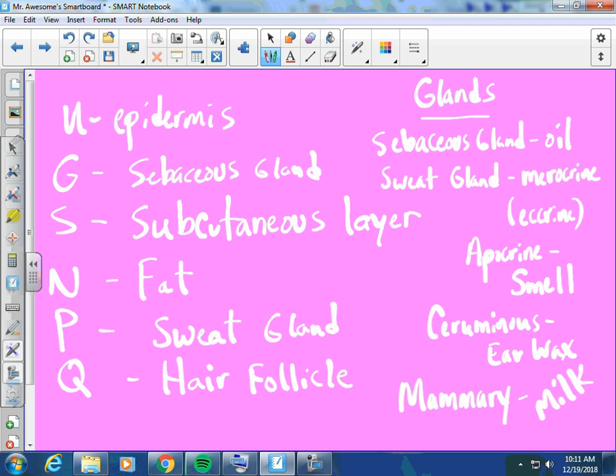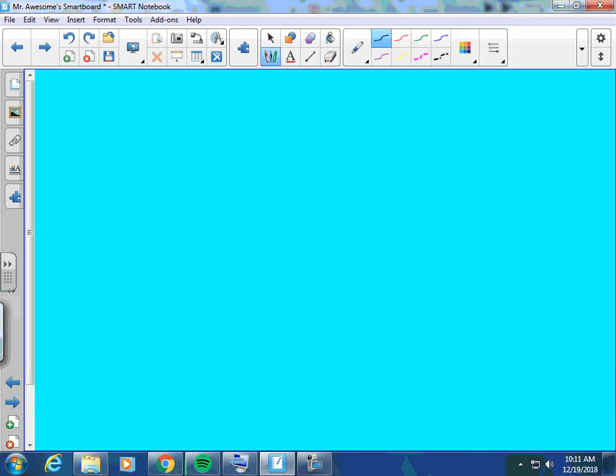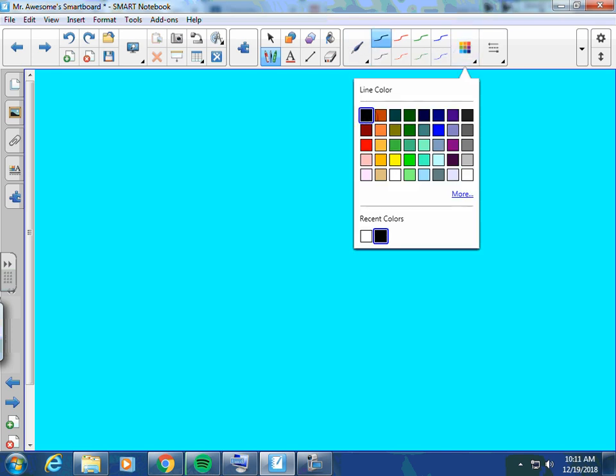On the nail part, so if you look at your nail diagram, these are the ones you need to know. And I'm going to make a new page. So for the nail diagram, here's the ones you need to know along with their answers.